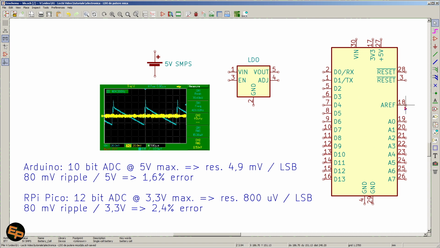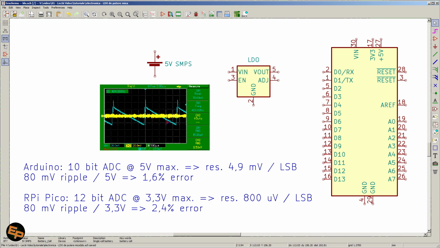If we don't provide a reference voltage for the ADC that's separate from the power supply, which tends to complicate our design, then our microcontroller will use the power supply itself as a reference voltage, and therefore whatever fluctuations we have on the power supply will be reflected on each reading of the ADC inputs.